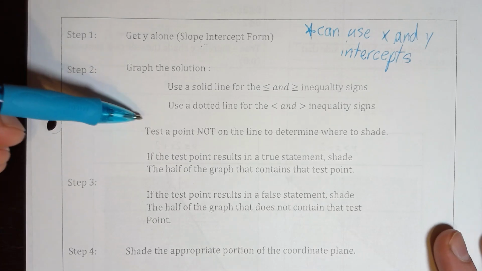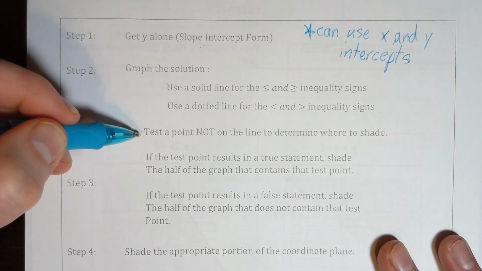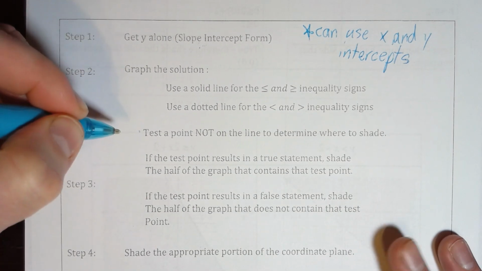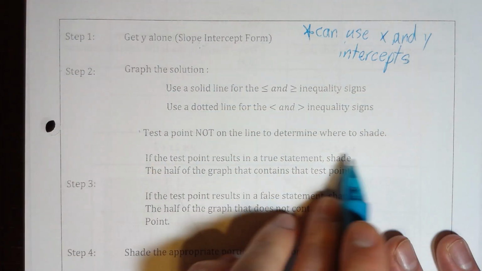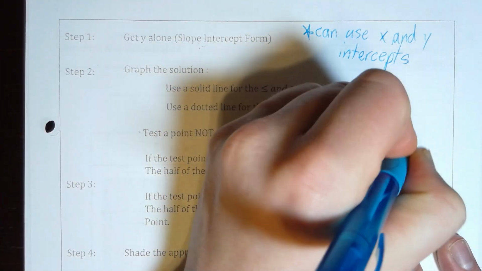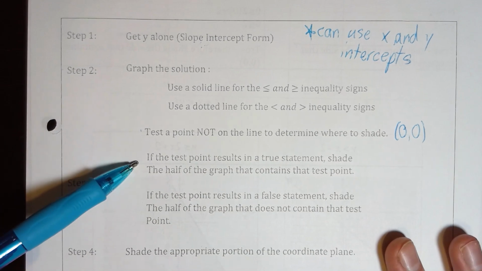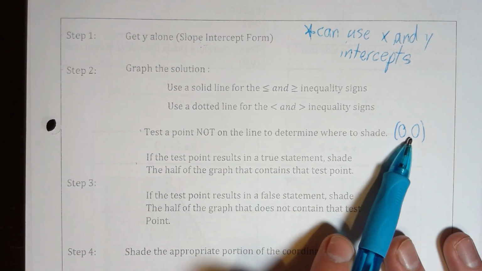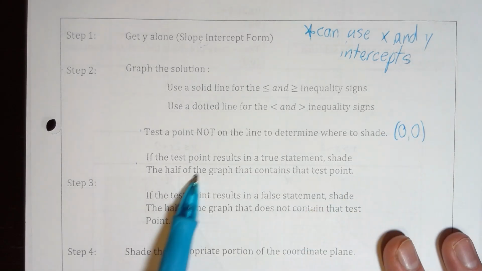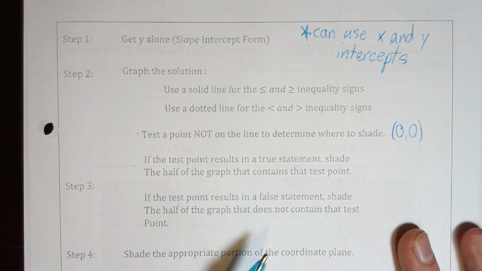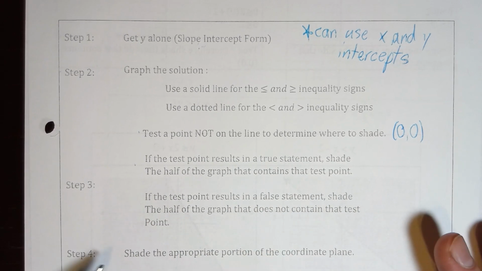We're going to be shading a region, and one way to figure out which is to test a point, and we almost always just use 0, 0 to do that. If that's part of the solution set, and I'll show you what this means, we're going to shade that region. Then step three, we're going to test to make sure we've got this right.